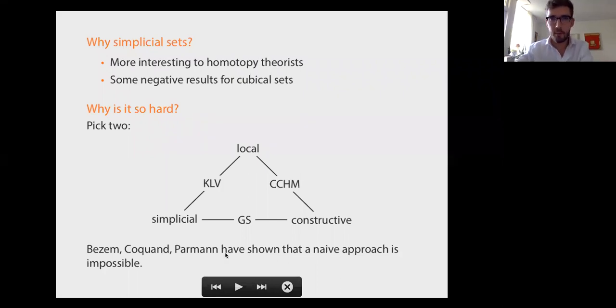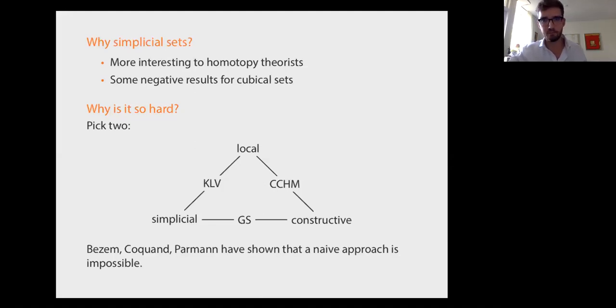I've tried to summarize this in this triangle, where one could say that ideally we want to have all three corners of the triangle. We want something which is called local, and I'll go a bit into that at the end, perhaps. We want it to be simplicial, as I said, and we want it to be a constructive model. I think any pair of these has been given some sort of answer.